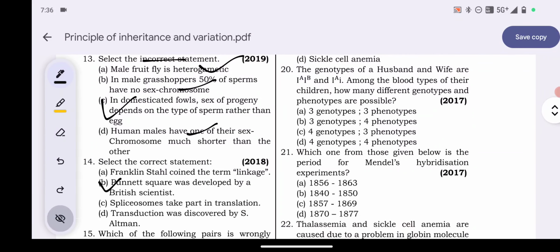Question number 20. The genotypes of a husband and wife are IAIB and IAi.